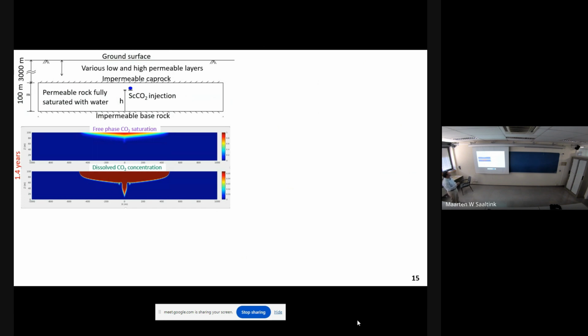When CO2 is injected somewhere in the middle of the reservoir, not exactly at the top, the supercritical free-phase CO2 plume will go up, and at the same time CO2 will also dissolve in the water or brine. For numerical modeling, we consider the brine as water, with no other salt. It's an approximation.